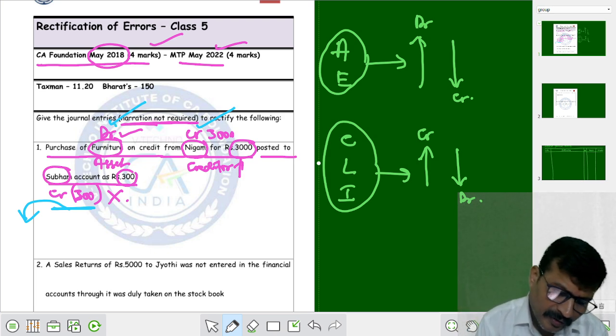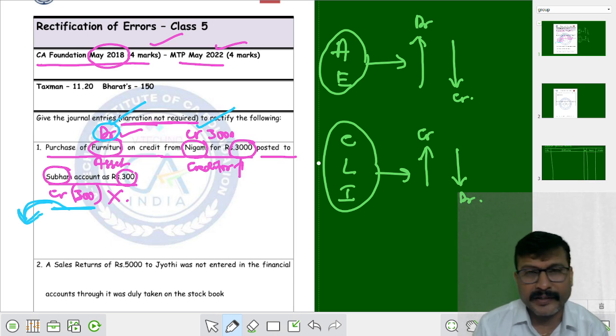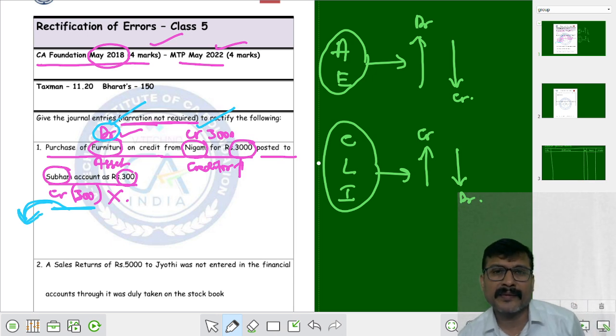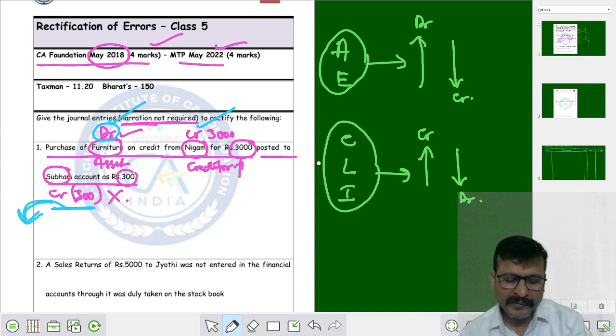Furniture debit, then Shubham debit. Nigam is to be credited. Then what is your entry? Now my entry will be furniture account debit, Shubham account debit to Nigam's account. Did you understand?